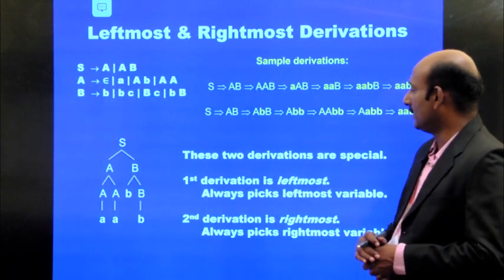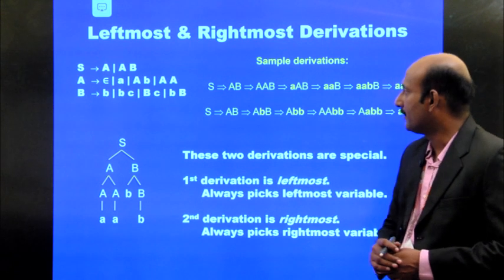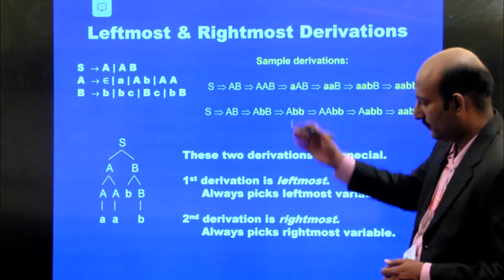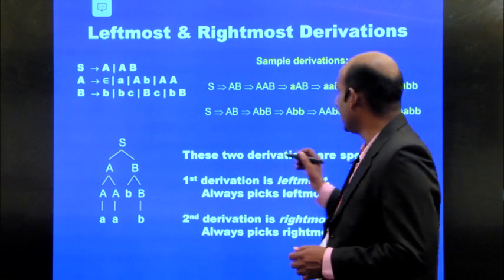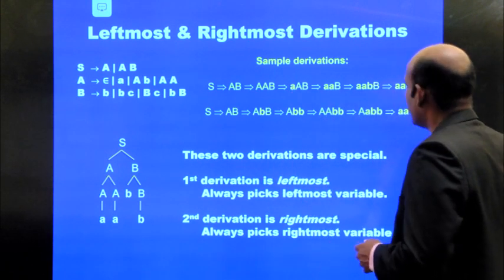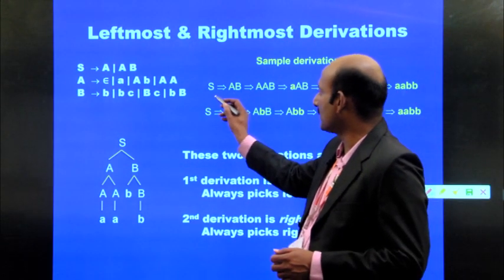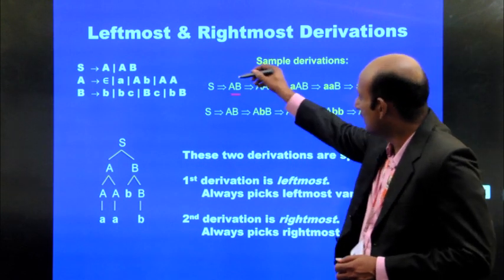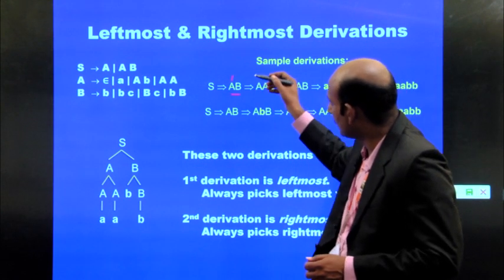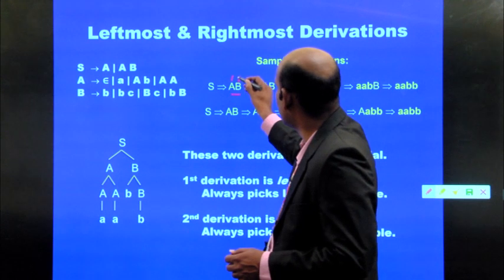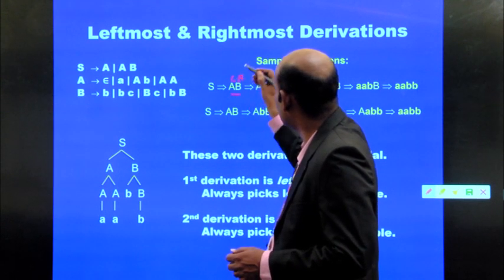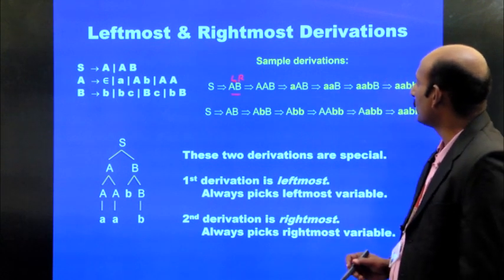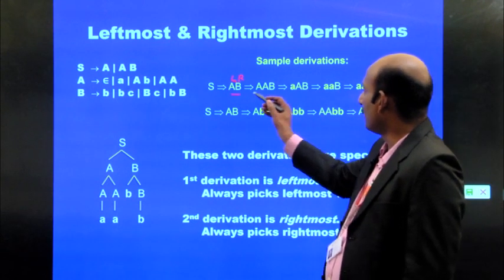We will take two simple derivations, the leftmost derivation and the rightmost derivation. What we saw previously, we can take the same here. As per this production, S implies AB. This is the left and this is the right. Now we go for replacing this.